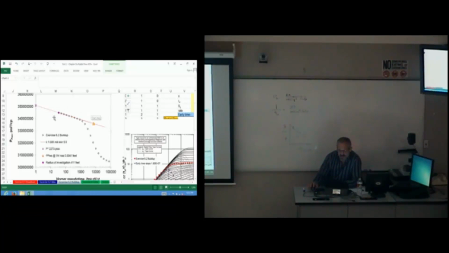And with selection of the proper straight line, I got a perm of 1.005, which tells me that they probably used a simulation perm of 1. And I got a relatively high skin, 5.5. And again, I'm coloring in my radius of investigation because I'm using my, oh, that's the point I wanted to make.